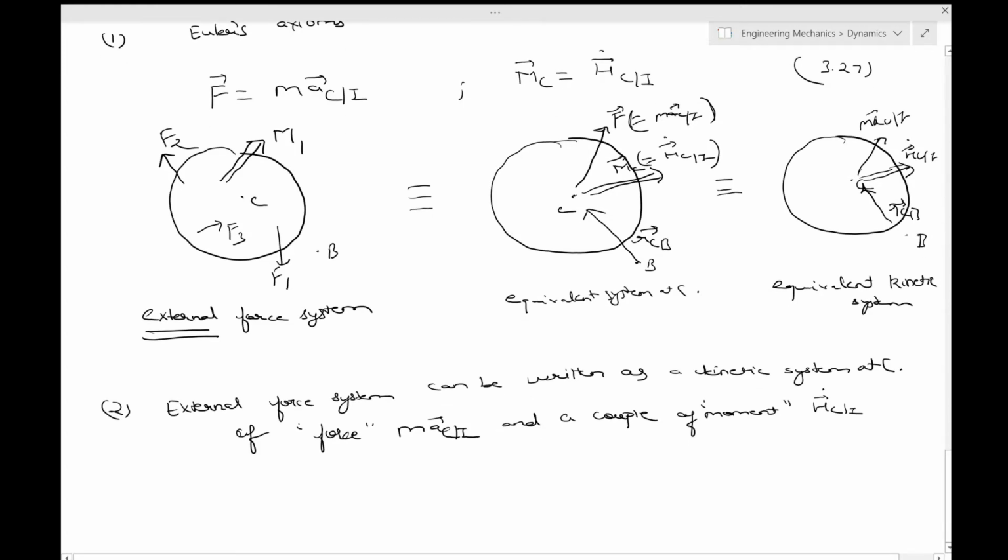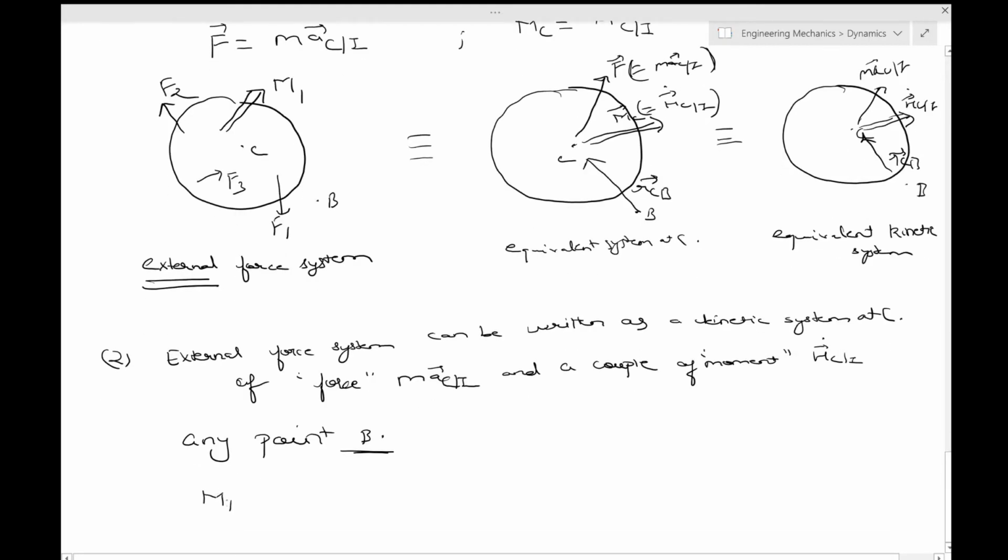If you want to write the moment of momentum equation about any point B, you can see the point B. You want to write this, obviously you will have to write it first about the point C. So MC is actually equal to HC dot I plus RCB cross MAC of I. This is 3.28.